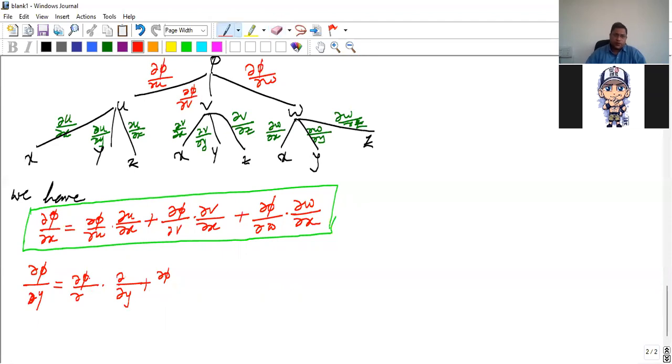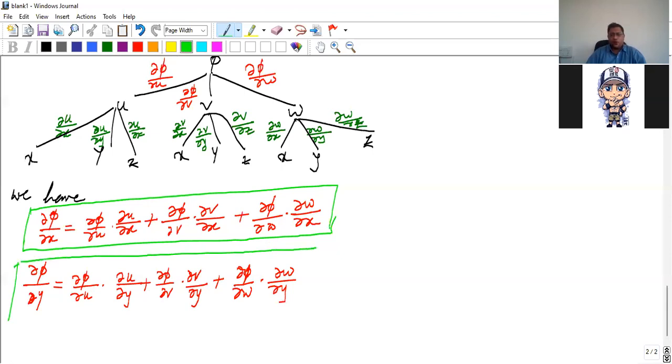So ∂phi/∂y equals ∂phi/∂u times ∂u/∂y, plus ∂phi/∂v times ∂v/∂y, plus ∂phi/∂w times ∂w/∂y. So this is the derivative of phi with respect to y.